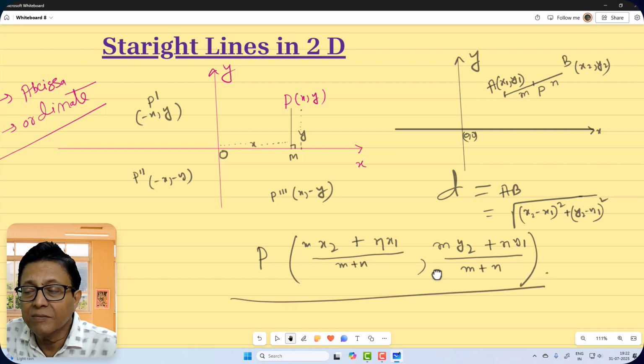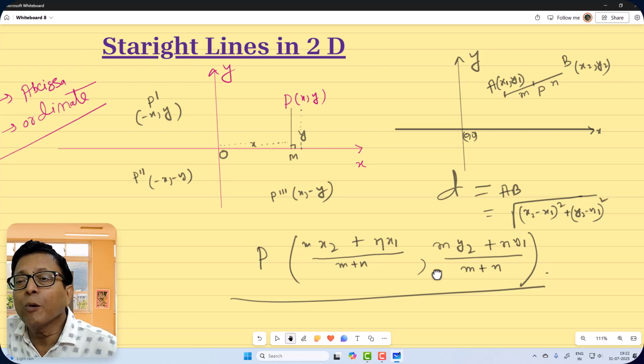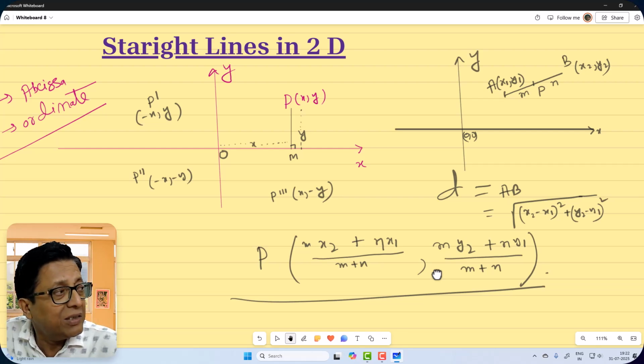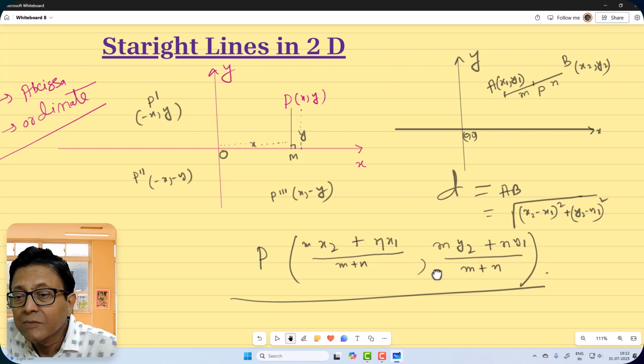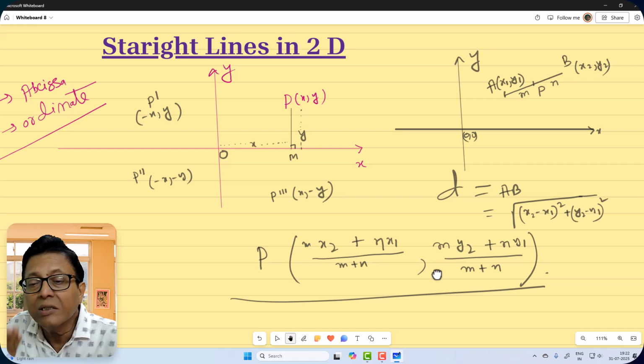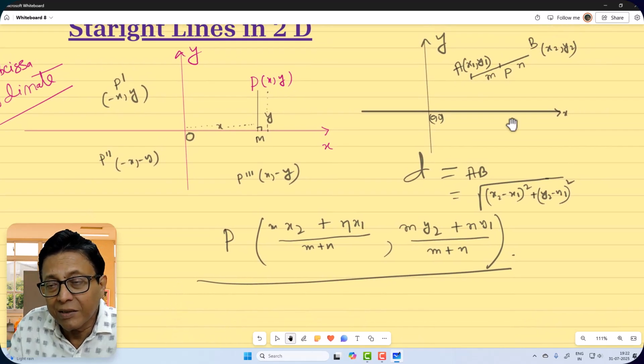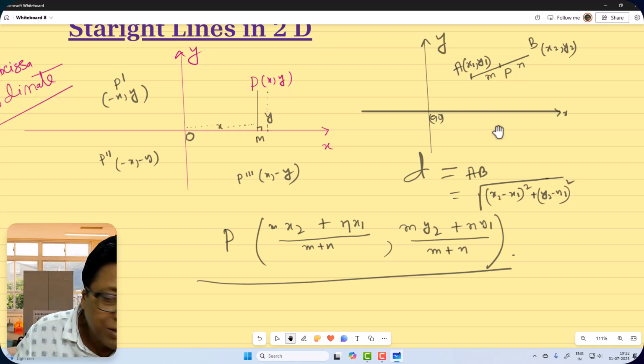This is called the section formula. Any point, if we know the distance of the point from one of the extremities or the ratio between two distances is known, then we can write the coordinate of the point.